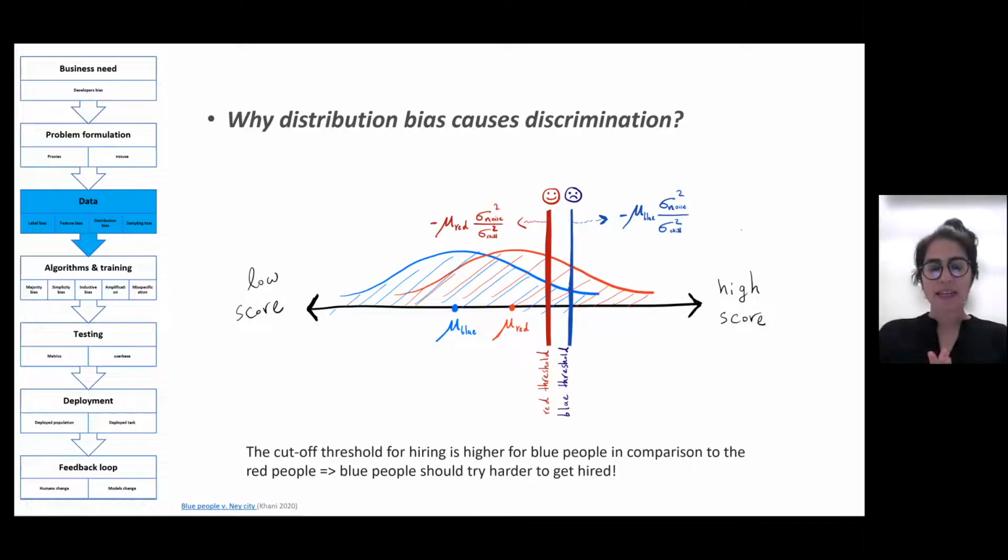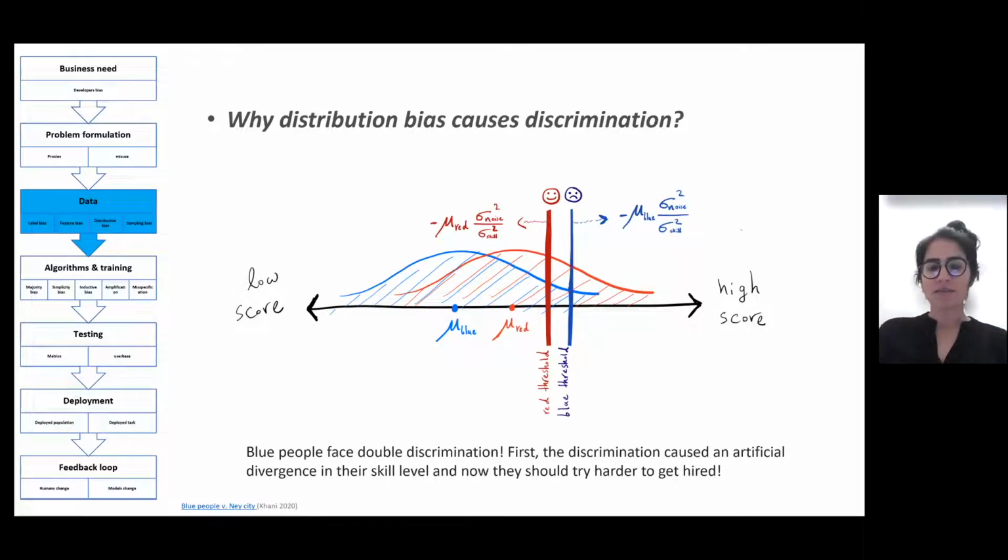So here it is kind of interesting that we are doing double discrimination. At first, we did some discrimination, and then there was artificial divergence between blue people and red people.